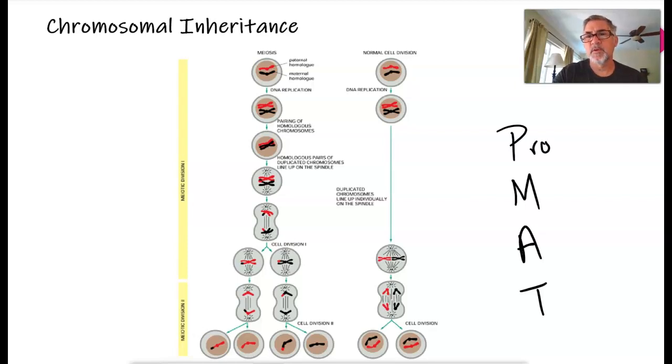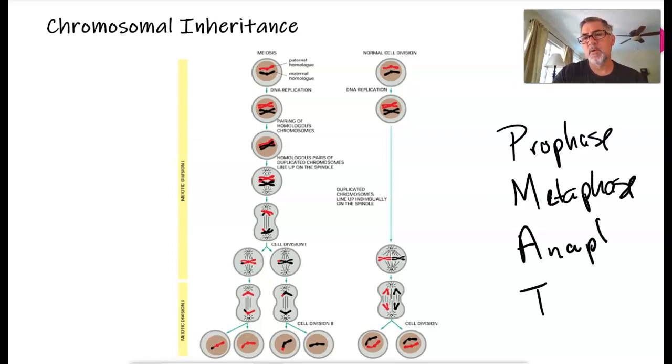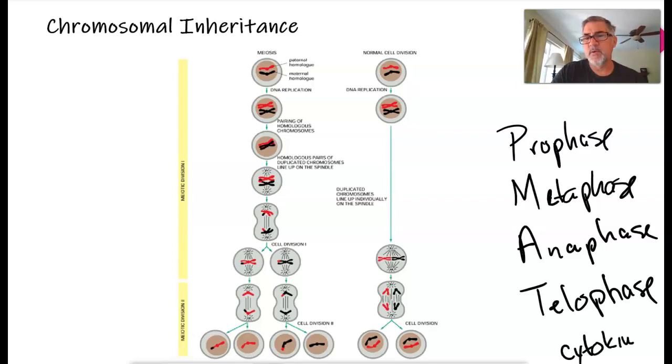Right, so our prophase. And then we could have cyto at the bottom. Right, so we could have cytokinesis, but our PMAT, right?